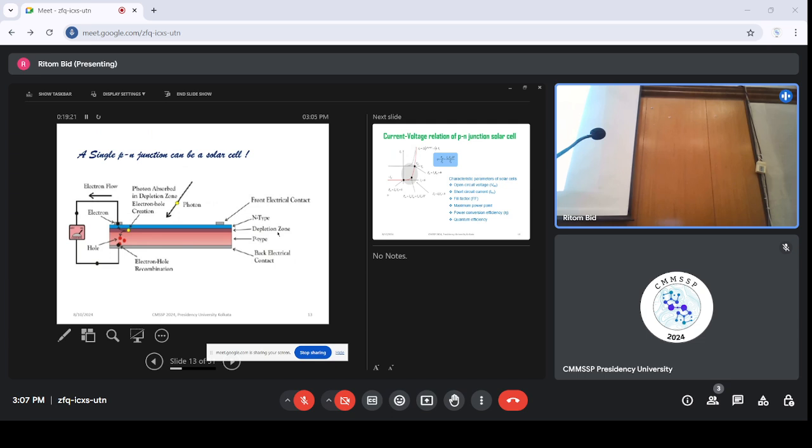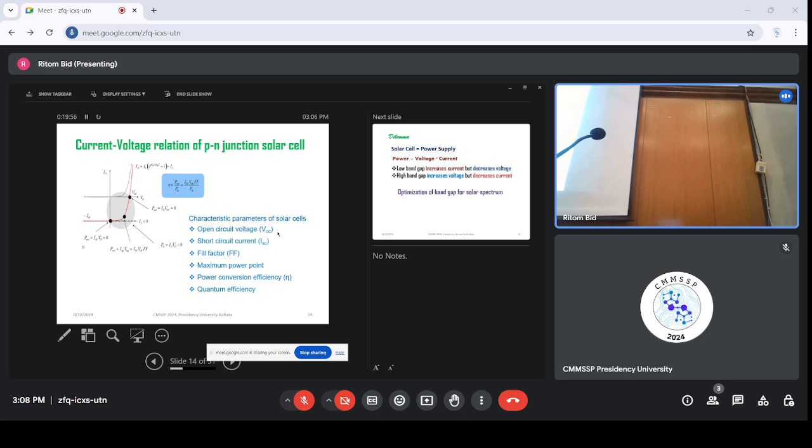When the electron hole pair is generated near the interface, they have to travel this distance to be collected by the electrical contact, and then it flows to the outer circuit. In this process, most of the electron hole pairs get recombined. Now this recombination is inevitable; you cannot avoid it. That is why the solar cells are mostly inefficient. The efficiency is quite less.